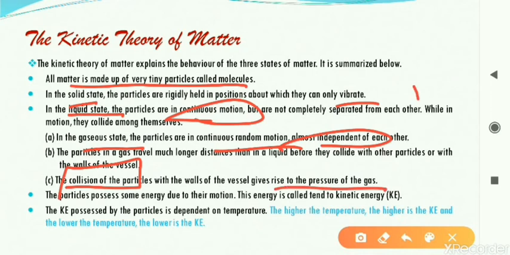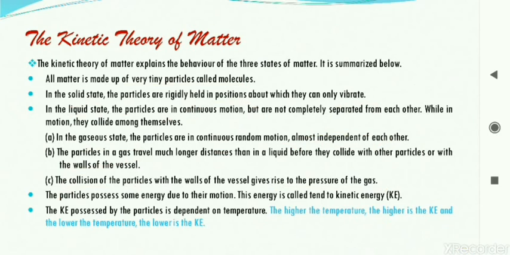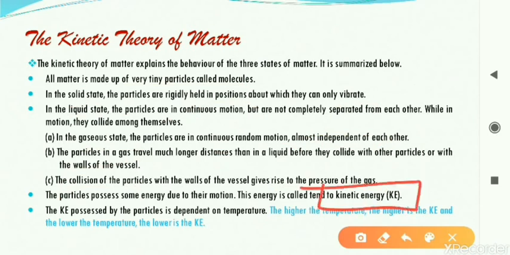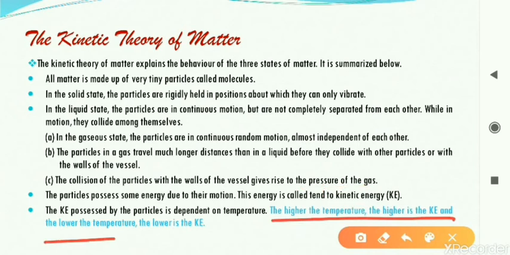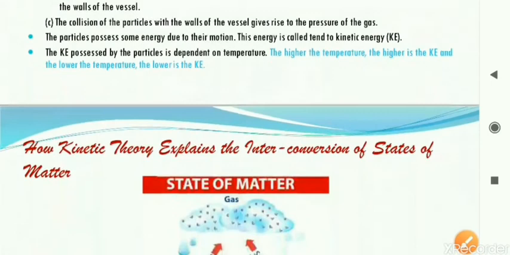Due to these different aspects of the motion of molecules, there is an increase or decrease in the kinetic energy. Based on that we derive this important aspect related to the molecules of matter: the higher the temperature, the higher the kinetic energy, and the lower the temperature, the lower the kinetic energy. I took this again in today's class because this is related to what we are going to do now.